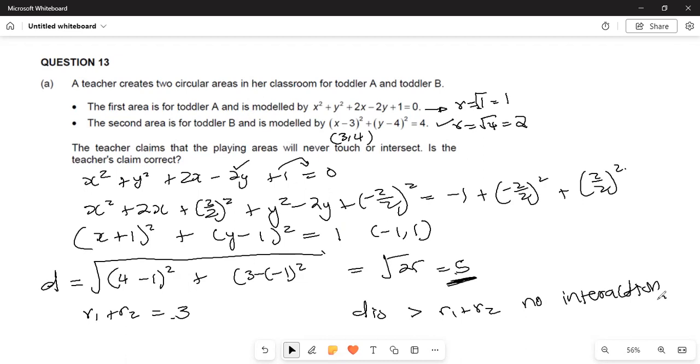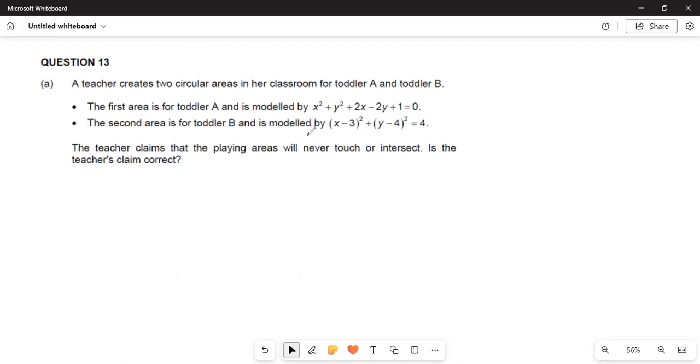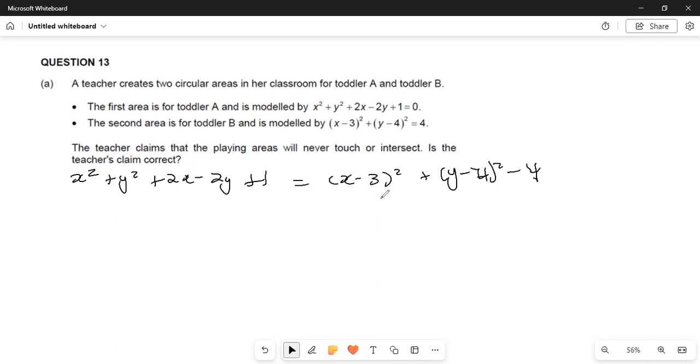Now let's go ahead and look at the second method. For the second method, we are saying that if these two meet, then we can equate the two equations together and find the position at which they meet. So we will have x squared plus y squared plus 2x minus 2y plus 1 is equal to (x minus 3) squared plus (y minus 4) squared minus 4.